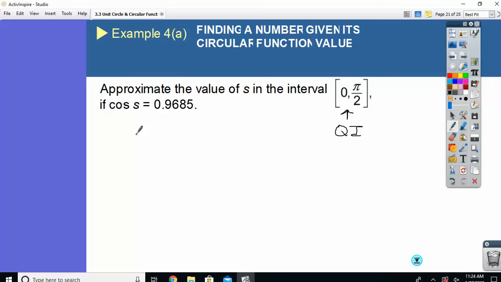Radians. So you need to make sure your calculator is in radian mode to start this. So that interval kind of told me two things. It told me that I was in the first quadrant, and it also told me that I need to answer in radians. All right, if I am looking for the angle, how do we type this in?